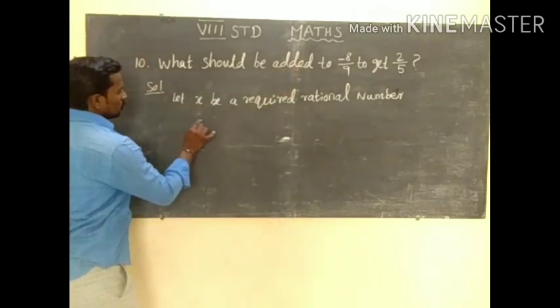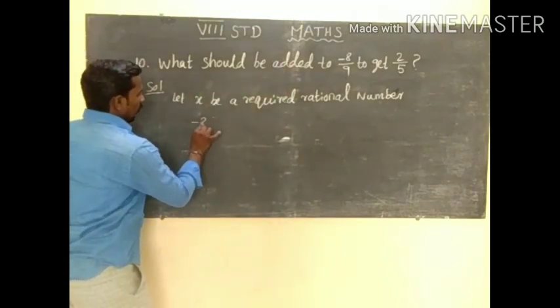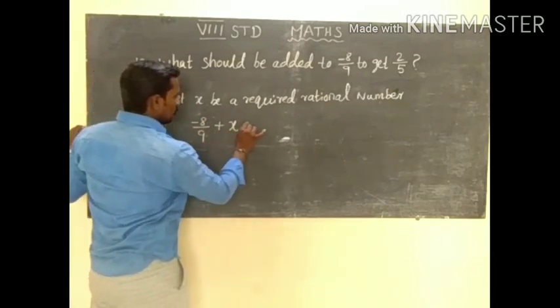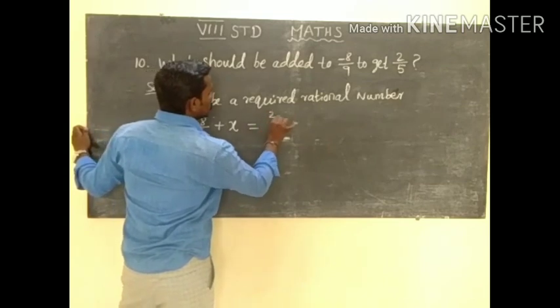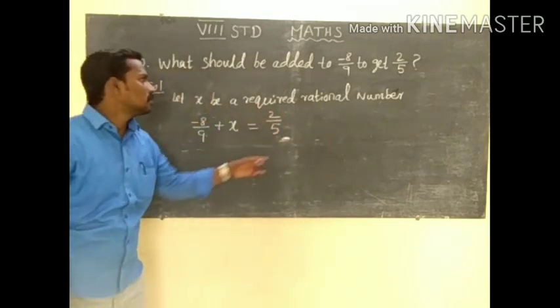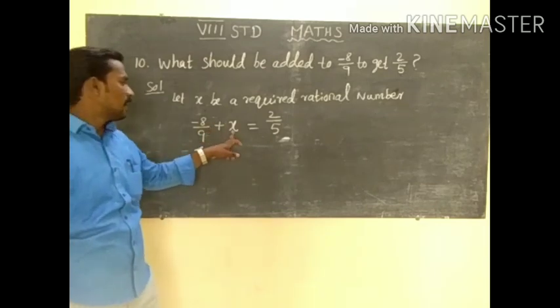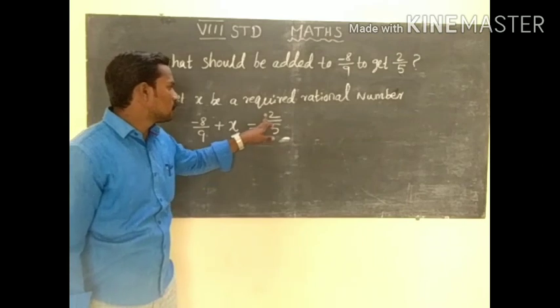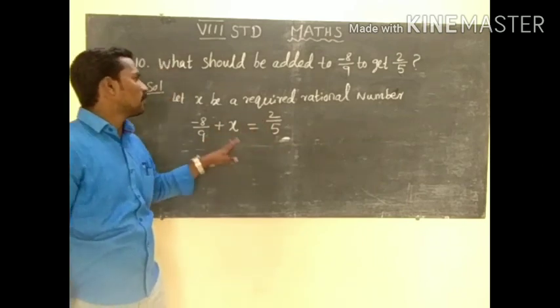The given condition: minus 8 by 9 is added to one number, and we get 2 by 5. Have you understood this step? This number added to any rational number equals 2 by 5. What is the value of x?